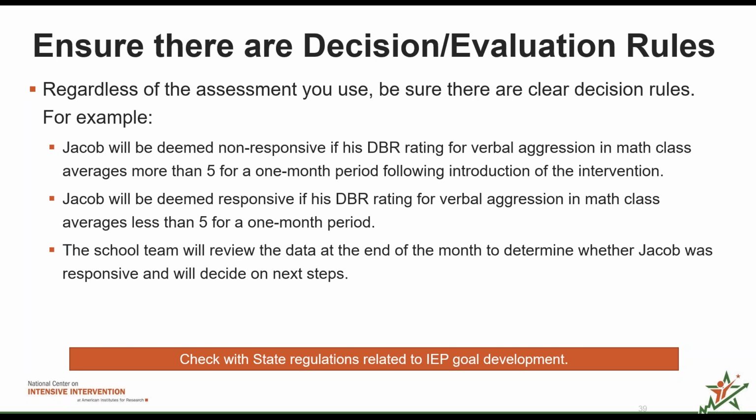So before we actually engage in this progress monitoring effort, we should really think about, what would success look like? When would we think, okay, we need to reevaluate progress here and engage in some problem solving around this? So again, just be really intentional about doing those things in advance. Of course, there's the caveat that Teri mentioned: check with your state regulations related to IEP goal development because there can be differences there.